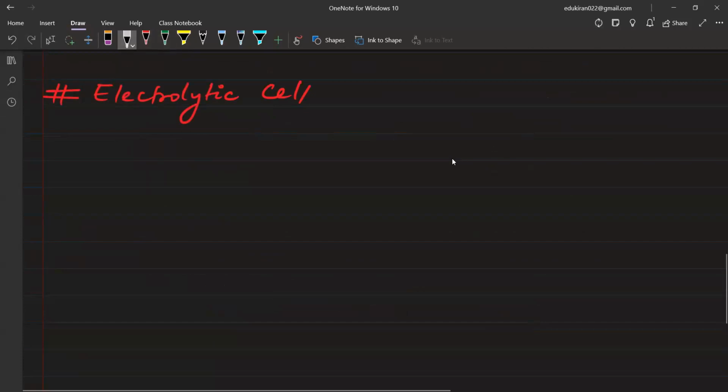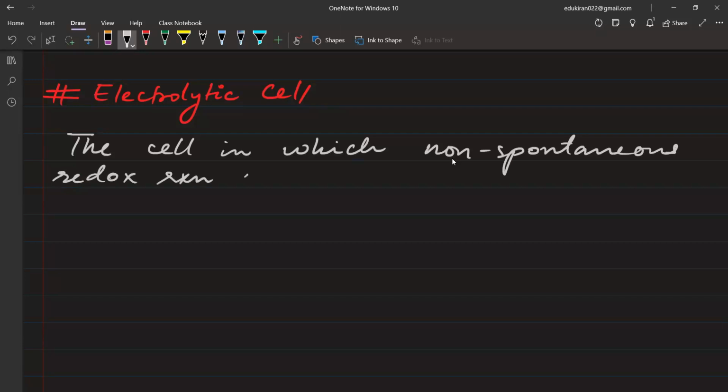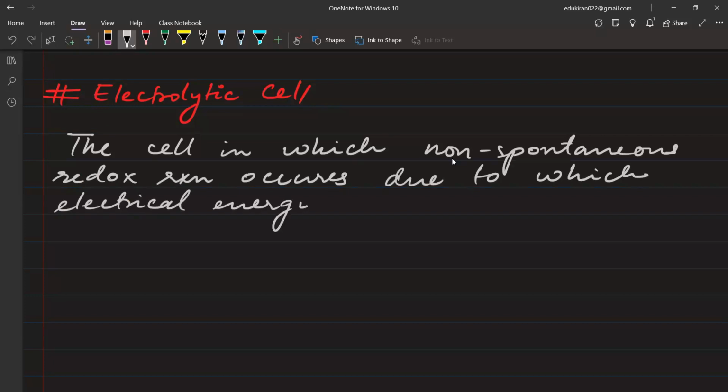Electrolytic cell: the cell in which non-spontaneous redox reaction occurs, due to which electrical energy is converted to chemical energy.